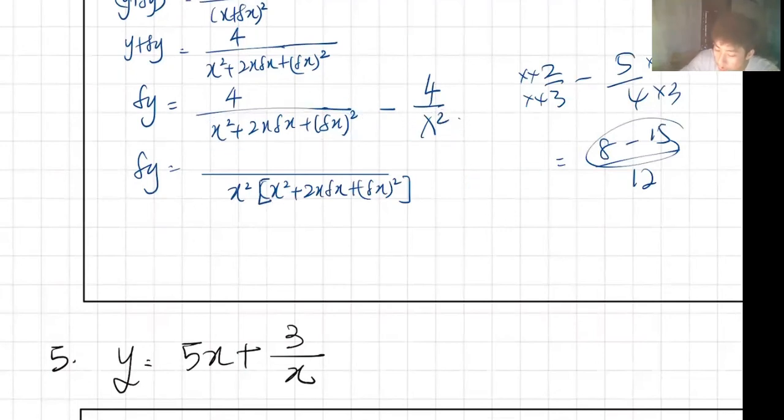Then on top, I have 4x squared minus 4 times this whole thing. Minus 4 times x squared plus 2x delta x plus delta x squared.